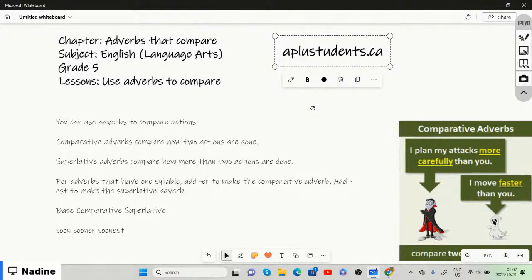And when it comes to comparing actions, we have comparative adverbs and we have superlative adverbs. Comparative adverbs compare how two actions are done, and superlative adverbs compare how more than two actions are done.